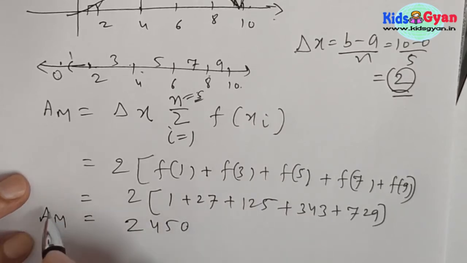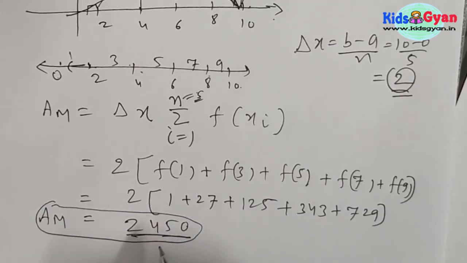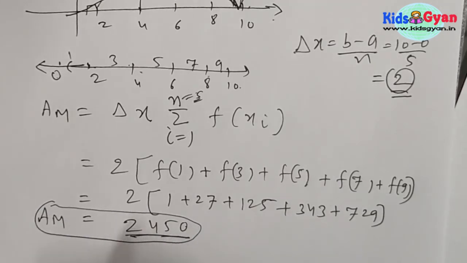So by the midpoint rule we get the area under the curve x cube in the interval 0 to 10 as 2450.